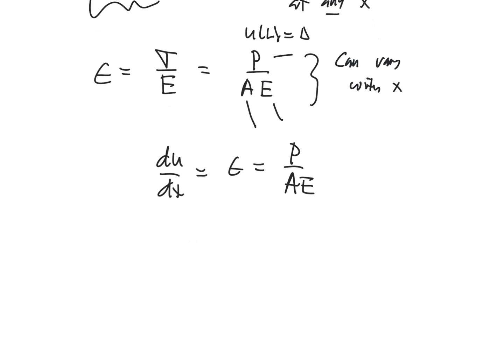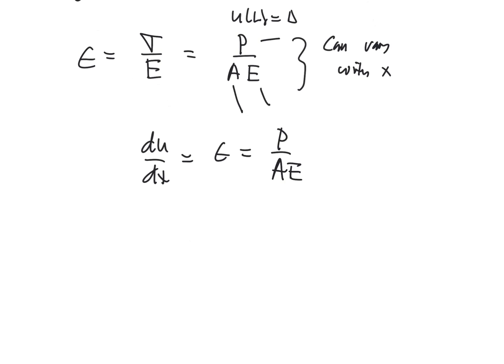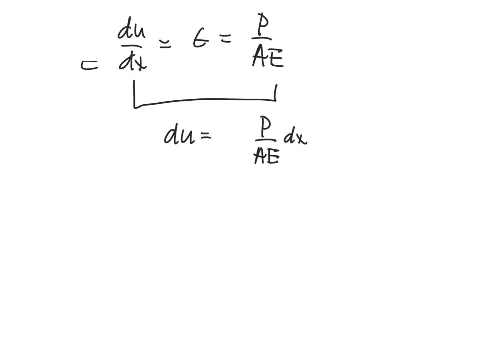But now what we want to do is multiply through by dx. So we have a du, in other words, the change in the axial displacement as we move down. So the change in displacement is equal to P divided by AE multiplied by dx. So of course, the way that we sum all those up over a distance of the bar is to integrate.